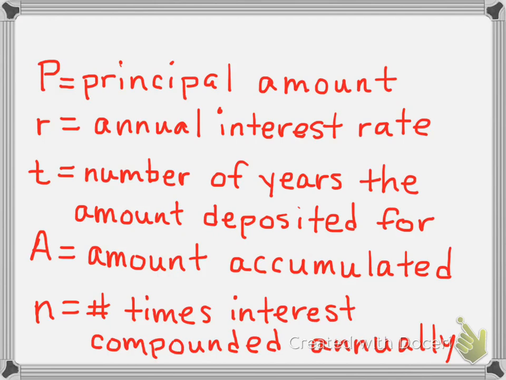The lowercase r represents the annual rate of interest, and it's written as a decimal. Lowercase t is the number of years the amount is to be deposited or borrowed for. Capital A is the amount of money that's accumulated. Lowercase n is the number of times the interest is compounded per year or annually.